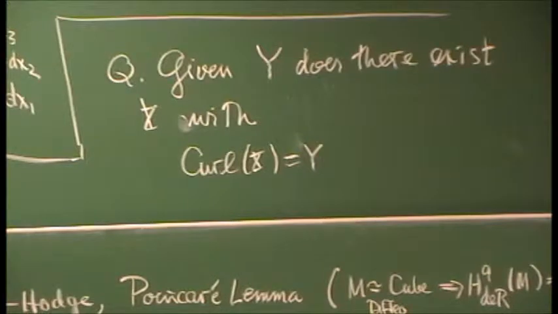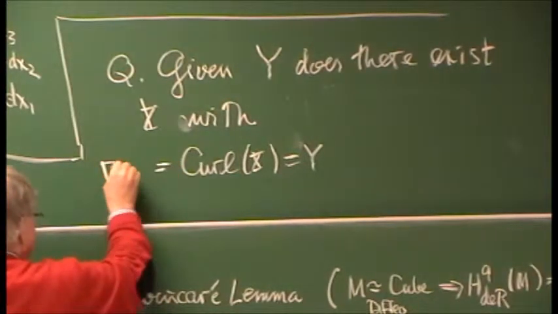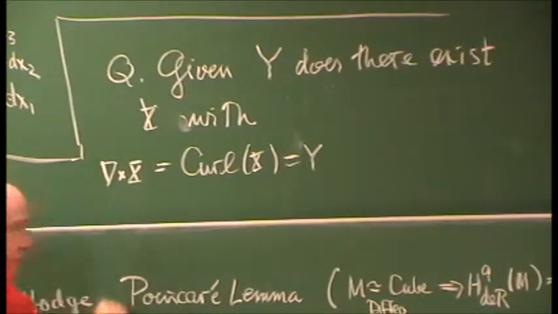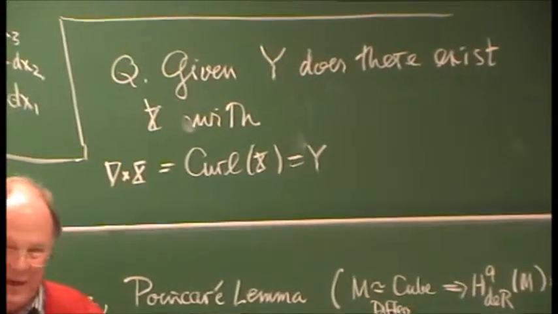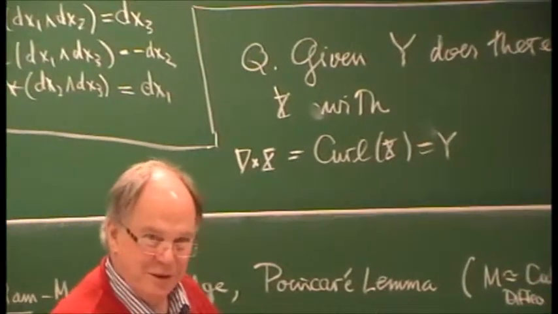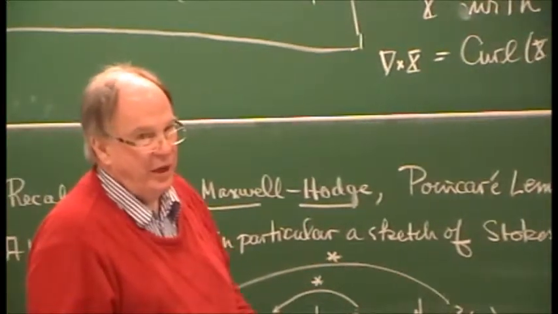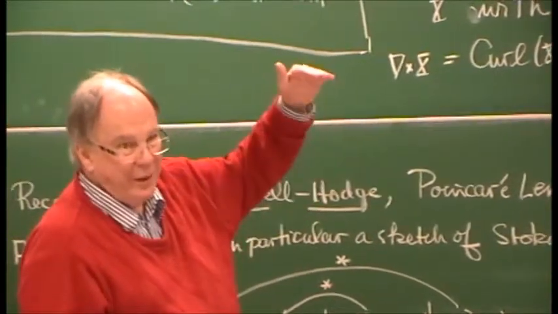If you want to write it in a horrible language, this is the question: given y, is there an x so that gradient cross x equals y? Solve the equation. What is the necessary condition? Anybody can read it off the top line.